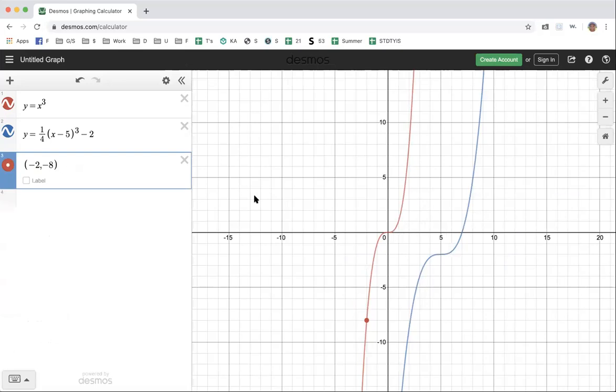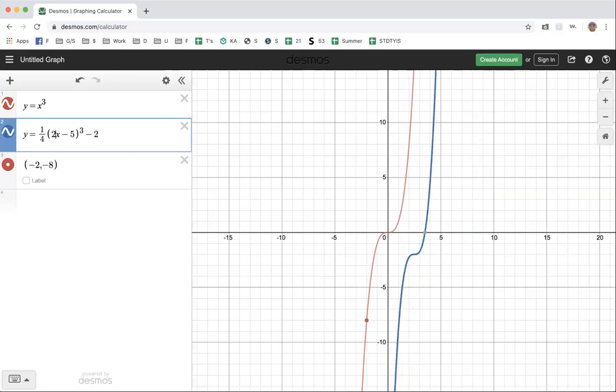And we want to find the point on the blue graph that corresponds to that point on the original graph. So the first thing we'd look at is there's no horizontal stretching or compressing, right? Actually, let's throw that in. Let's do that.